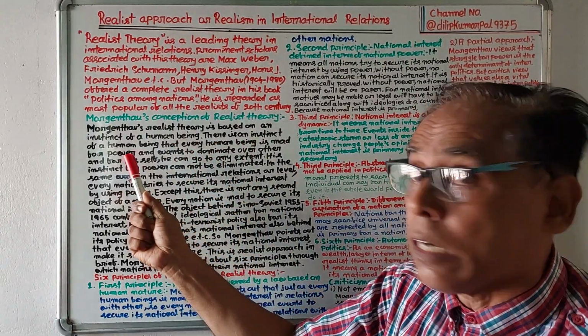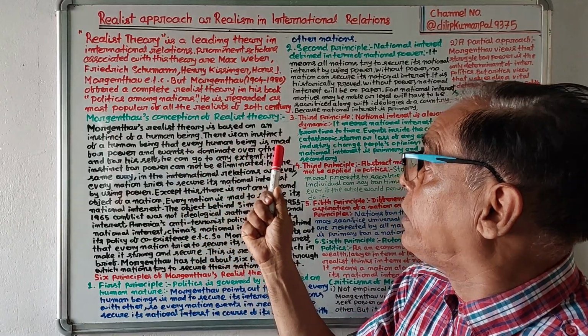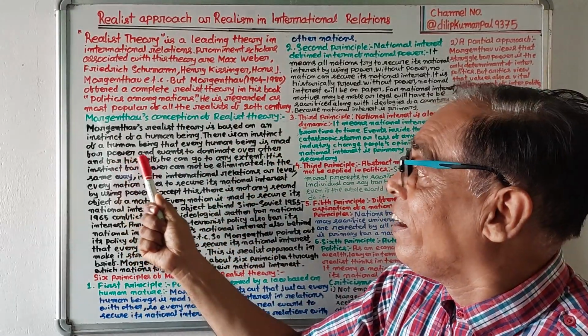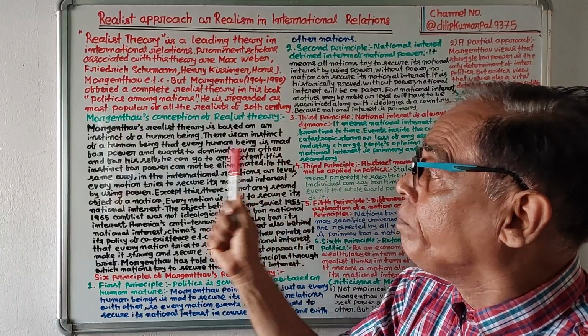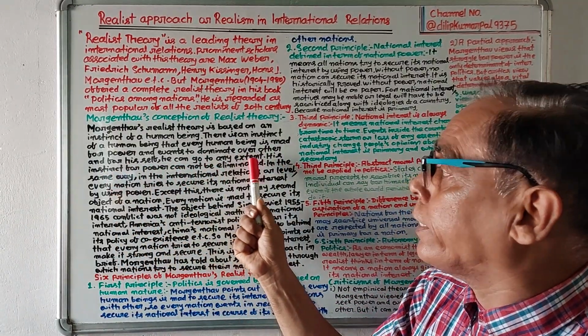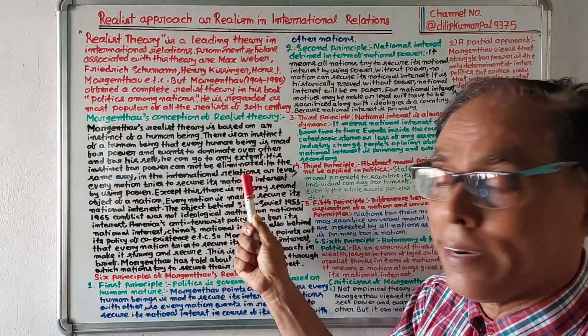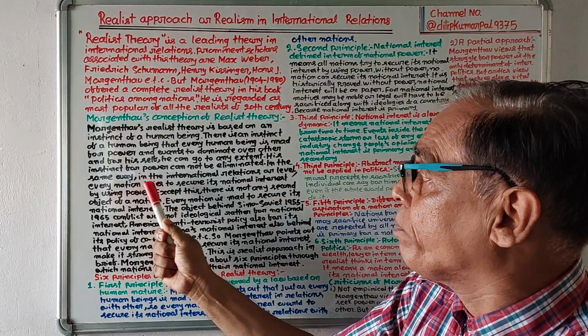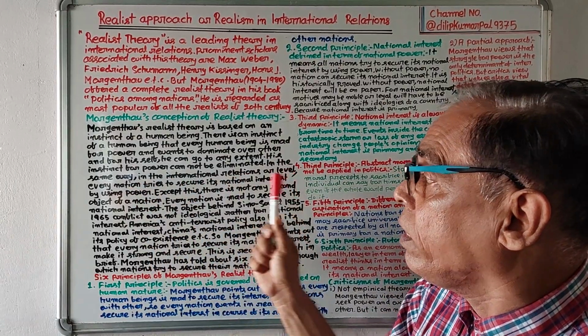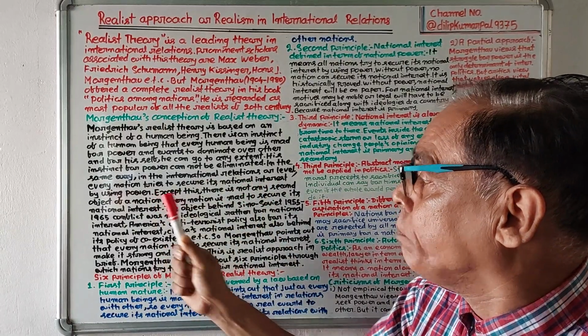Every human being is made for power and wants to dominate over others, and for himself he can go to any extent. His instinct for power cannot be eliminated. In the same way, at the international level, every nation tries to secure its national interest by using power.